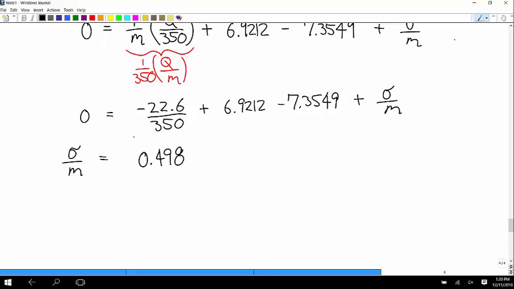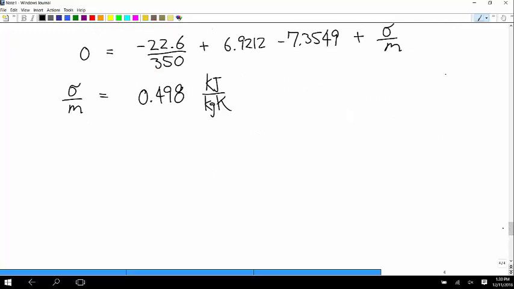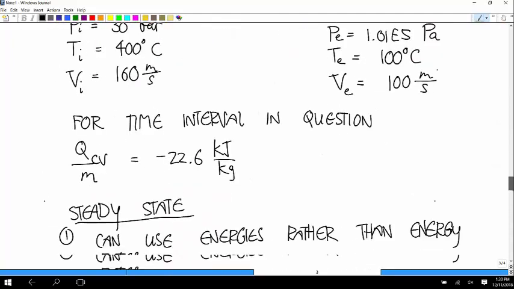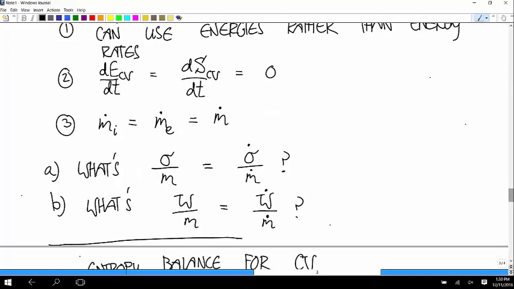Mass is positive, so this has to be positive. And this would be in units of kilojoules per kilogram Kelvin. All right, well, that's the answer to part A.